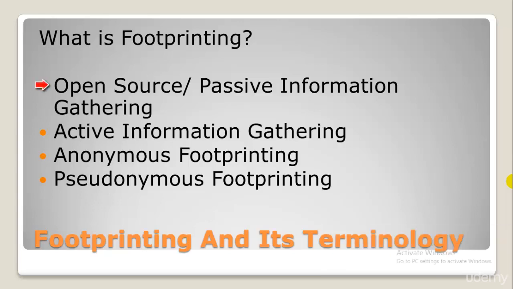Open source or passive information gathering, PIG as I call it, is the first one. It is the easiest way to collect information about the target organization. It refers to gathering information from open or publicly available sources such as newspapers, television, social networking sites like Facebook, Twitter, Orkut, or blogs.